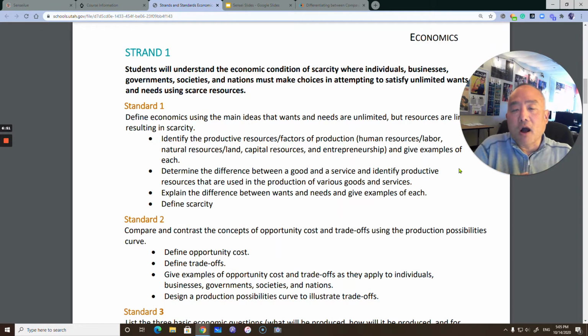Okay, so it's the cost of your second best alternative. So not the movie, but maybe studying for this test, and what you're giving up, maybe a better grade and so forth. That's opportunity cost.